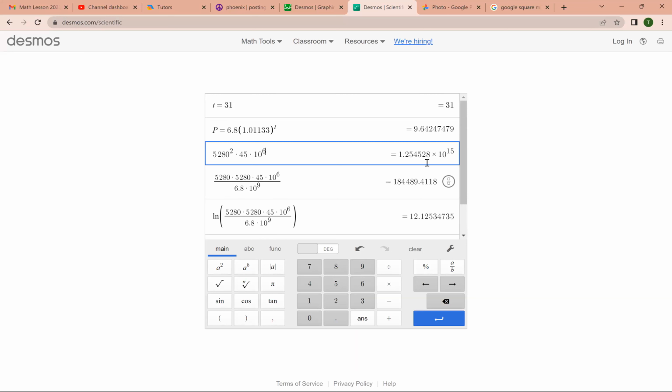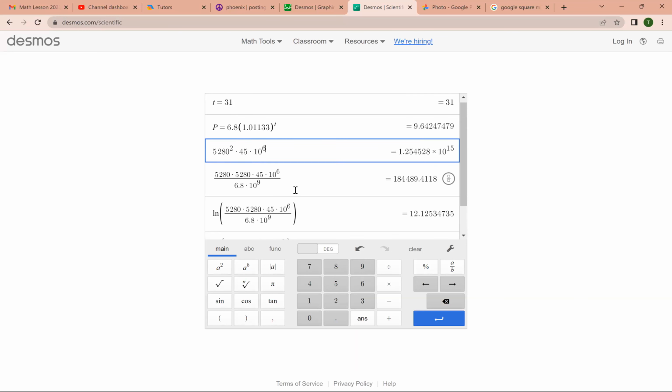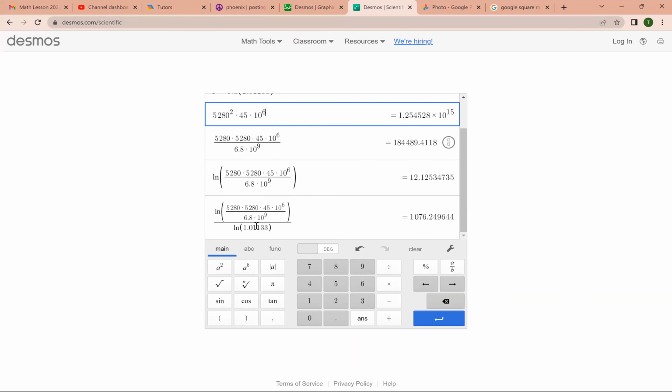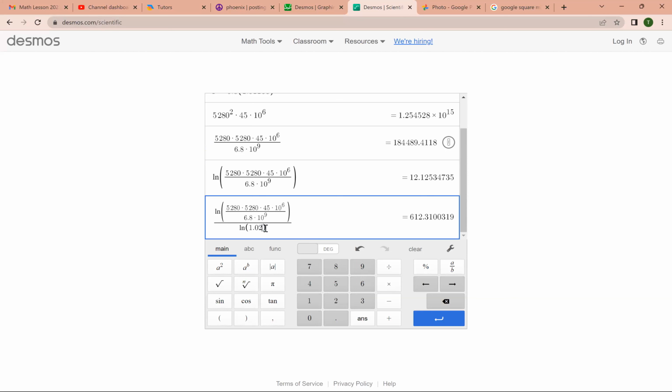There's the 1.25428 like you're looking for. So for you, the only change is to this right here, the 1.133. It becomes 2 like that, 1.02. So that's the only change. And you can see it went from 1076 to 612 years, which is pretty substantial.